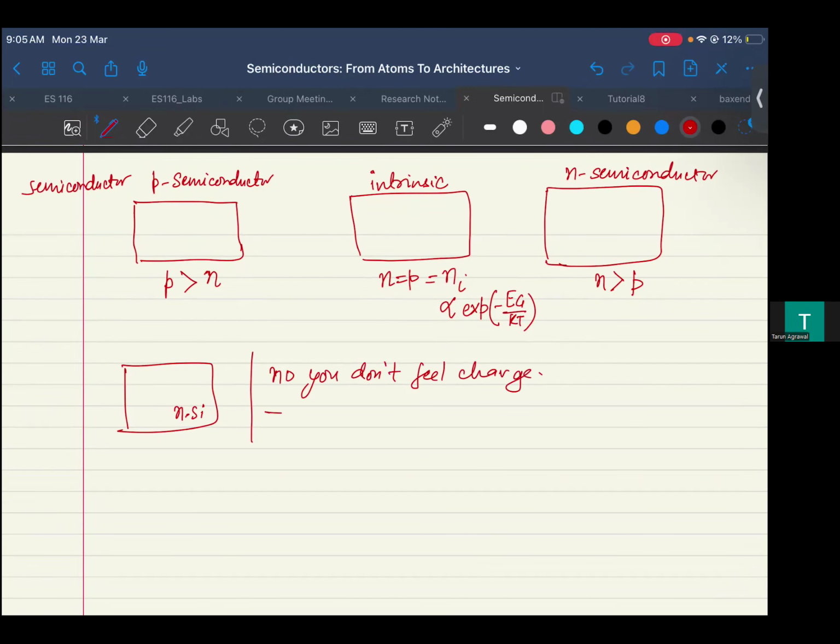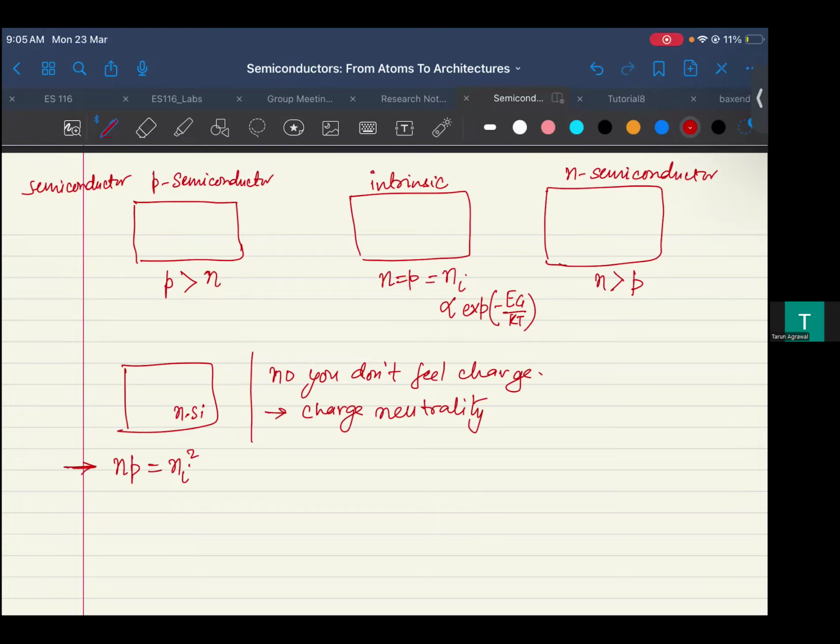The reason is that even in an N type semiconductor, charge neutrality would be there. So now you can ask, what is charge neutrality? What are the other charges which I am not able to see? First of all, NP is always Ni squared, that is the law of mass action which we saw.